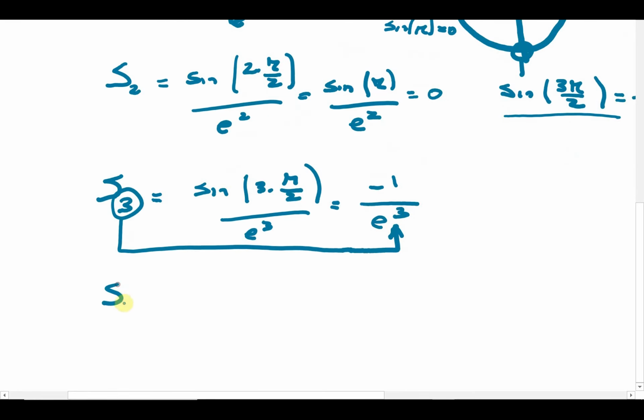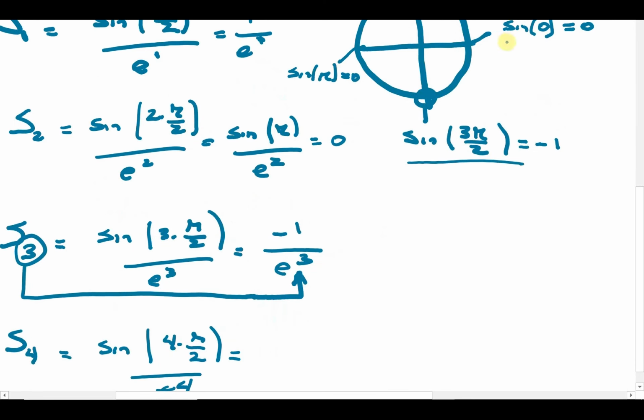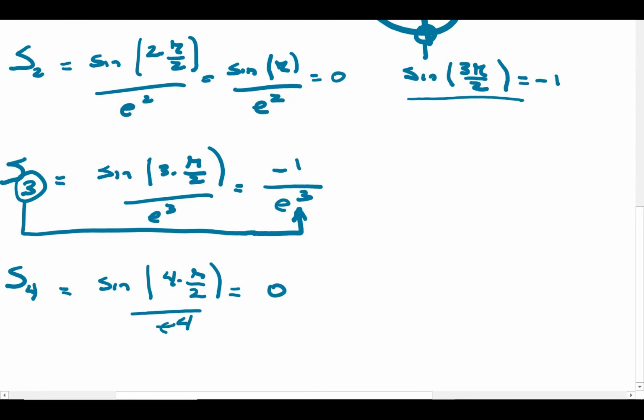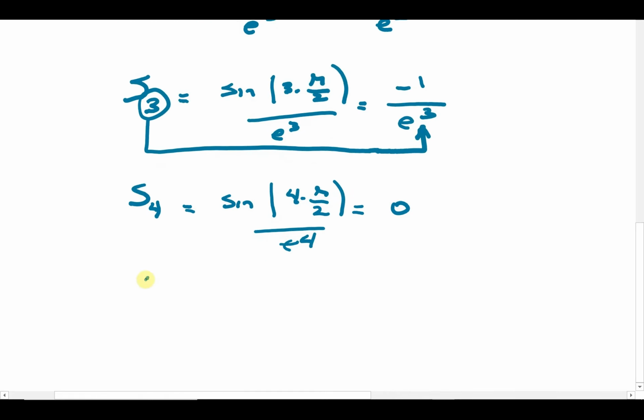And then we have s4, which again is sine(4 pi over 2) over e4. This is 2 pi, which is at this 2 pi mark, so that's going to be 0. And then we have s5.